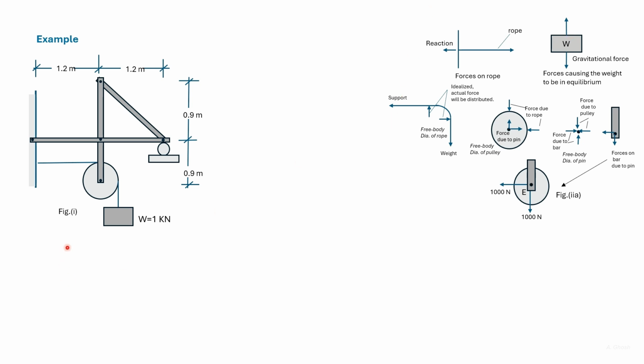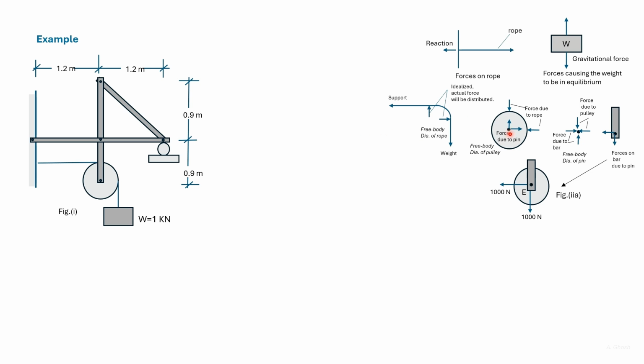Now consider equilibrium of the rope. It is subjected to a force due to the weight. There is a reaction at the point where it is attached, and there's a distributed load acting due to the pulley. The distributed load can be given in terms of 2-point loads as shown here.